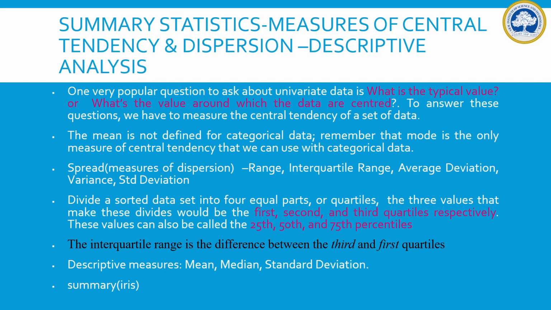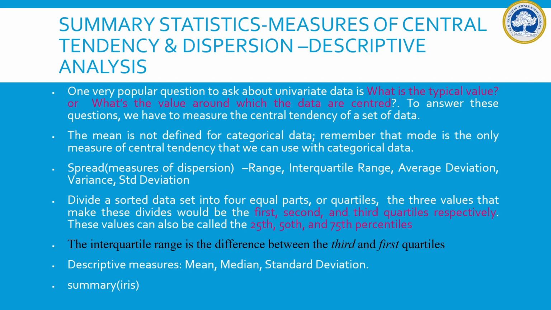This division allows us to understand what range of values 25 percent of the data is taking, what range 50 percent is taking, what range 75 percent is taking, and what range the remaining portion is taking. So the range taken by the data set in the four quartiles we can understand by means of this quartile analysis.